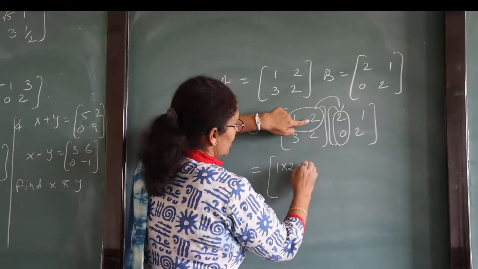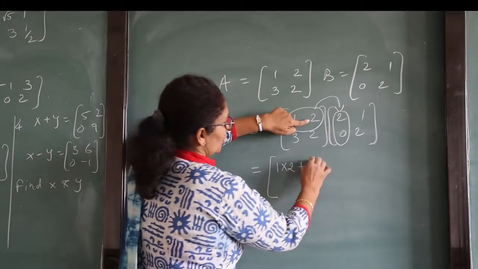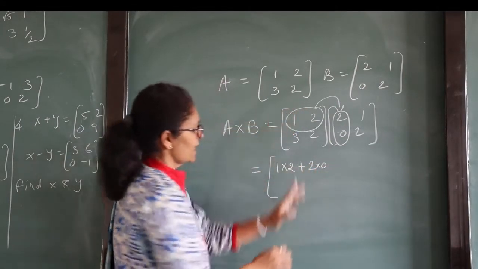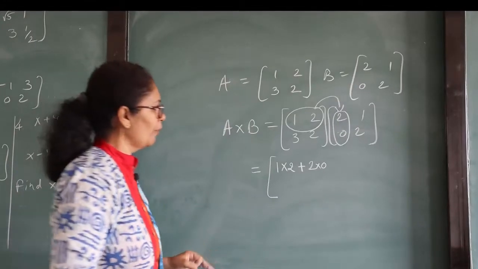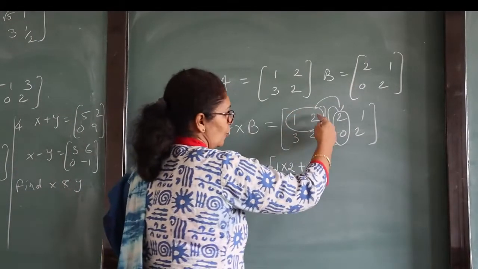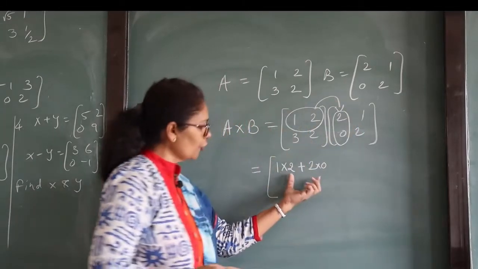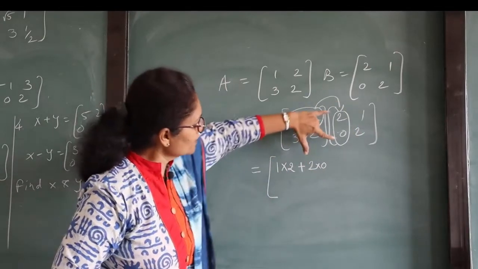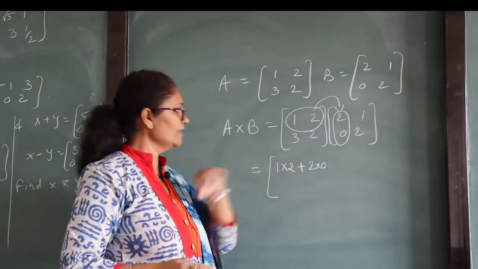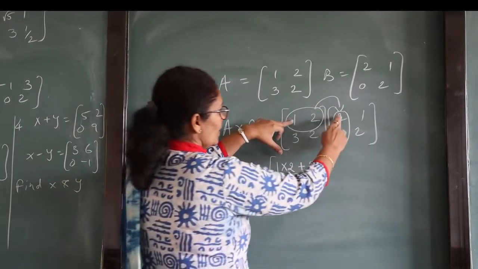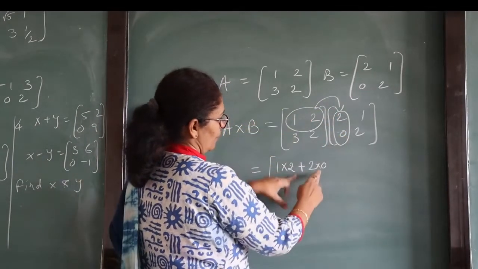Now second, but between the two you have to put the plus sign. Concentrate properly. First row will be multiplied with first column, and what you get from these two products, you have to add. Now 2 ones are 2, plus 2 into 0.